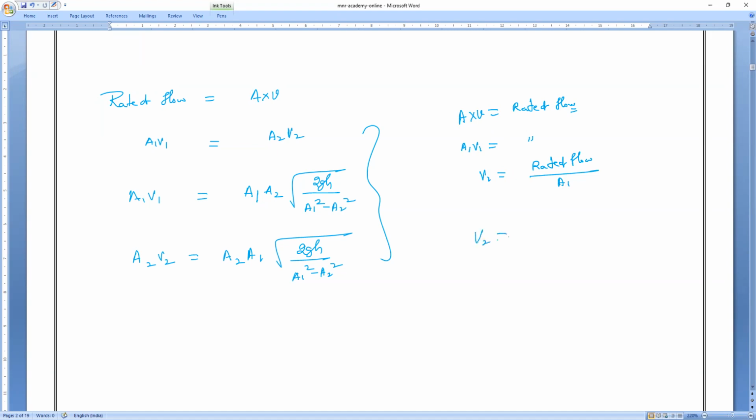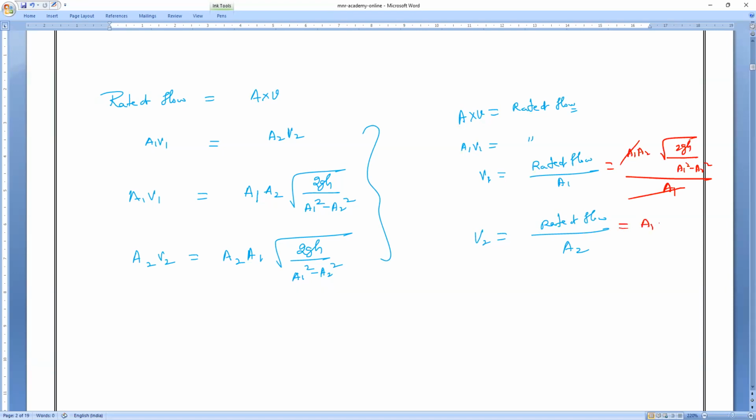And I want V2. V2 is equal to rate of flow divided by what will come? A2. So if you want to do it, what is the A1? Rate of flow: A1 A2 into root over 2GH divided by A1 square minus A2 square, divided by A1. A1 gets cancelled. Again you'll get the same formula.